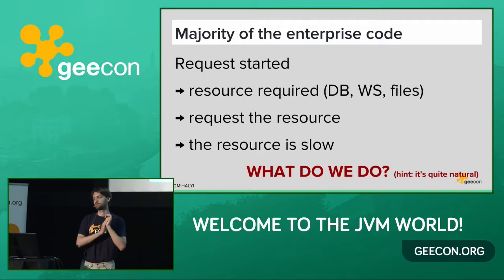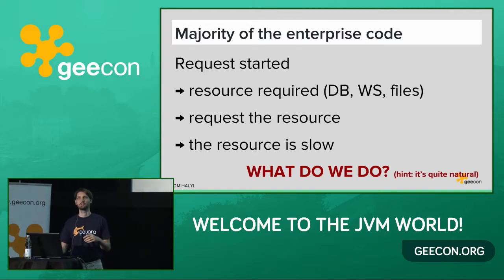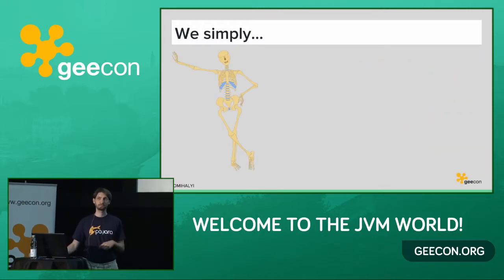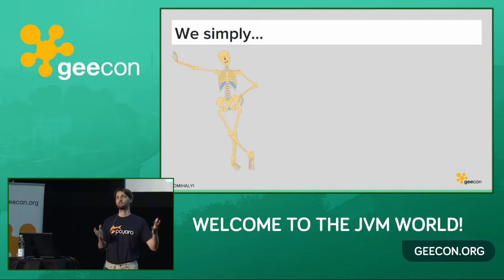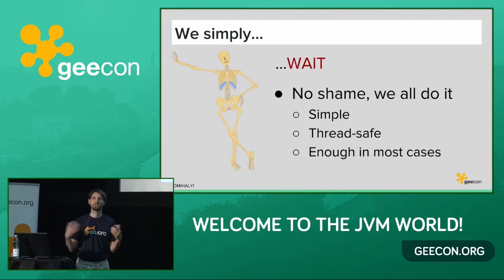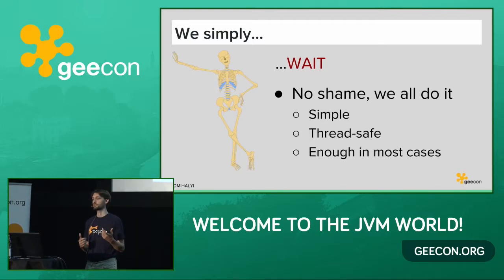So if the resource is so slow, what do we usually do? Just a question for you. I'll answer it in a minute. We simply wait. And I don't mean it's a bad thing. Actually, most times it's quite a good thing because it's simple to just write blocking code.